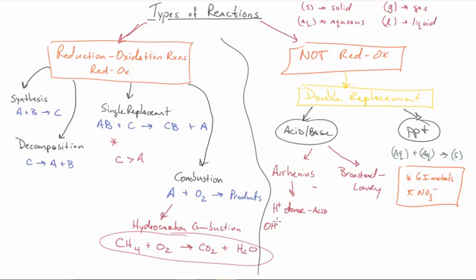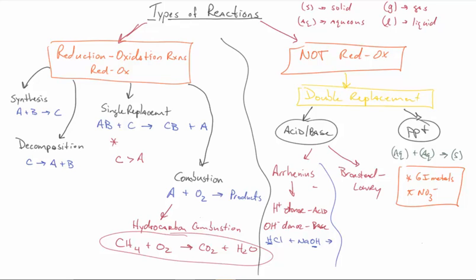And an OH minus donor is my base. And that's the definition of Arrhenius, and an example of this would be hydrochloric acid plus sodium hydroxide. I would recognize that as an acid-base reaction immediately because I've got an H and an OH in there. All right, and I would recognize that as an Arrhenius acid-base reaction.